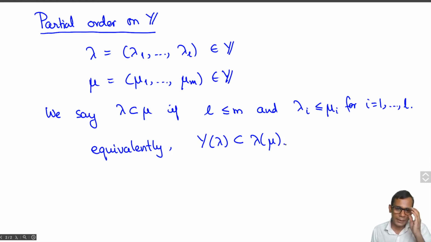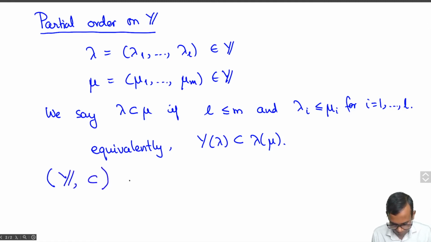So what we've seen here is that this poset is in bijection with a class of subsets.